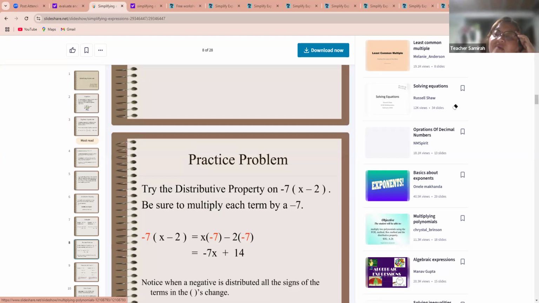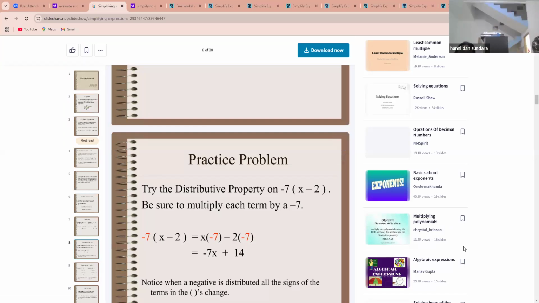Nobody is answering me. How about Honey? What do you think, Honey? Can I add or subtract the two terms, the negative 7x and the positive 14? Yes?